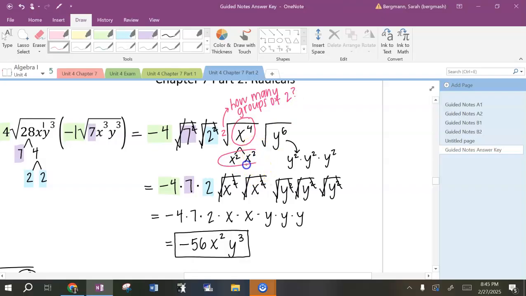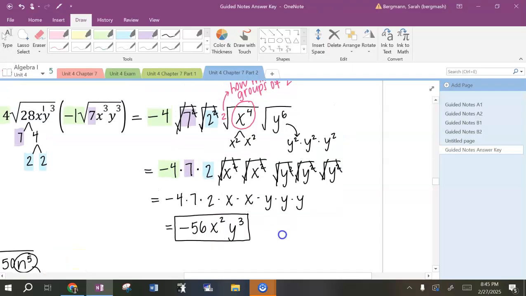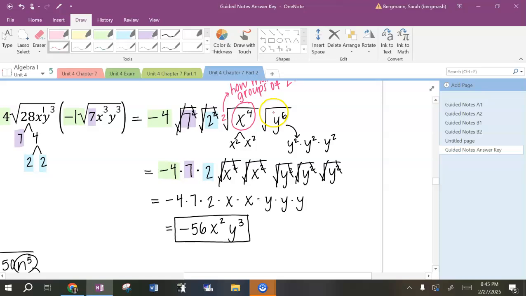You can make 2 groups of 2. So that's why in your answer it ends up as x squared. And there's no x's under a radical because there's nothing left over. Similarly, for y to the 6th, how many groups of 2 can you make? You can make 3 groups of 2. That's why it's y cubed in the answer. And there's nothing left over, so that's why there's nothing under the radical.